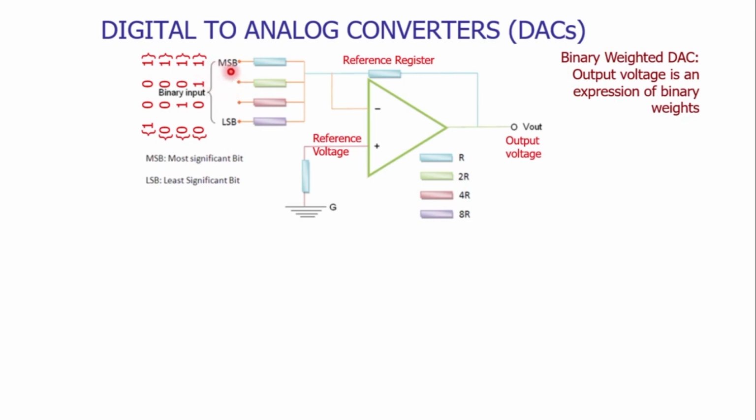In this case, the most significant bit is 1. Then we have 1 for the next bit, 0 for the next one, and the least significant bit is 0. So this binary input is given to the inverting terminal through a series of resistors. The values of these resistors are shown.